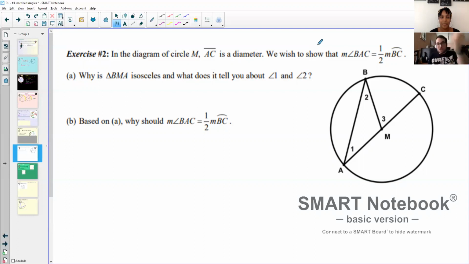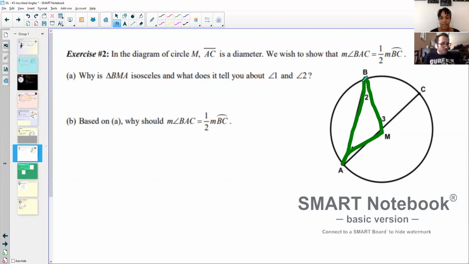The first question is, can someone either type out or just talk: why is triangle BMA, the triangle I outlined in green, an isosceles triangle? Think back to lesson 2.